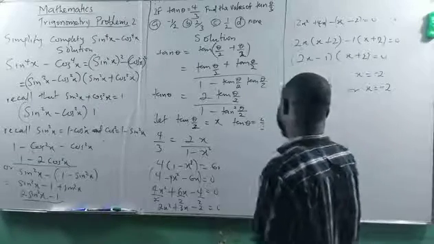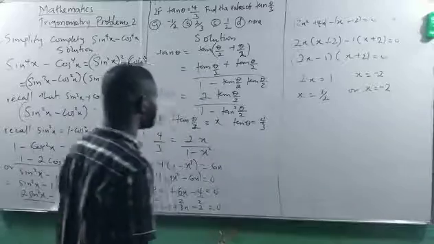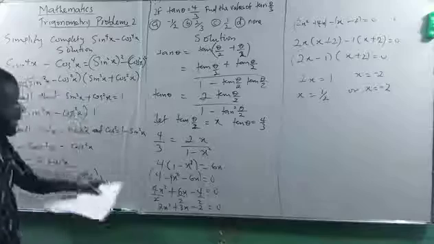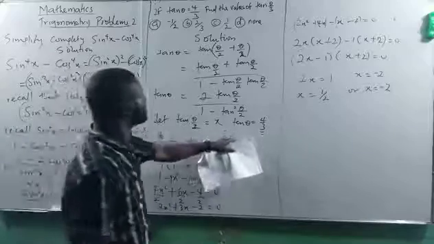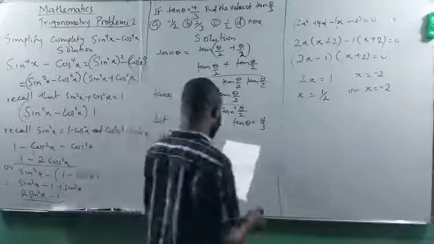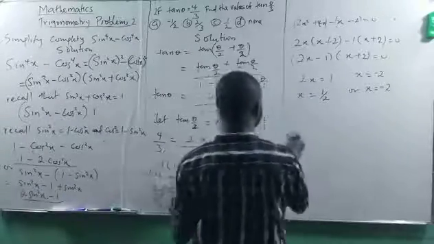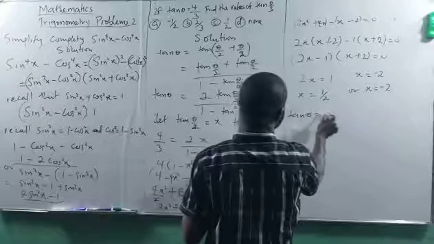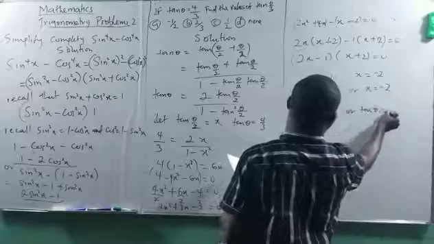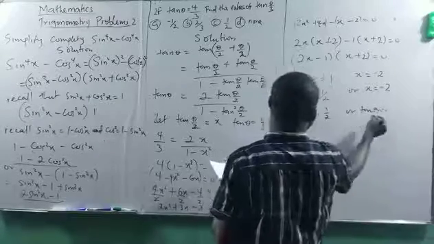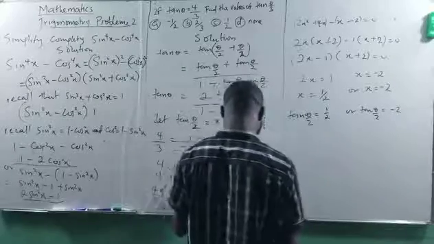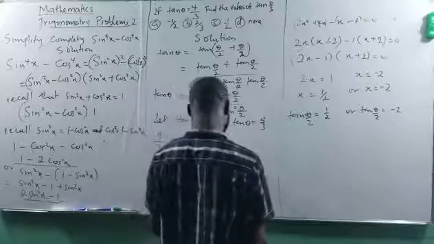Now, at this junction, we're told that tan theta all over 2 equals 1 all over 2 or minus 2, which is the half angle of it. Now, at this junction, I can say that tan theta equals that.